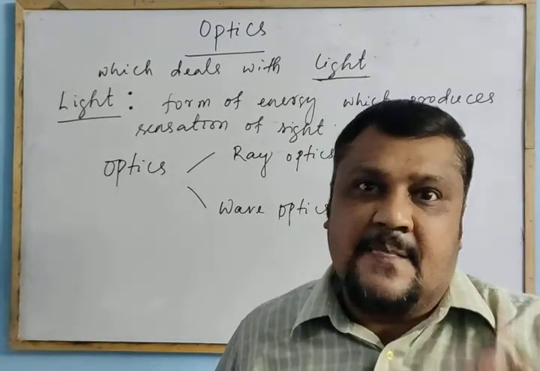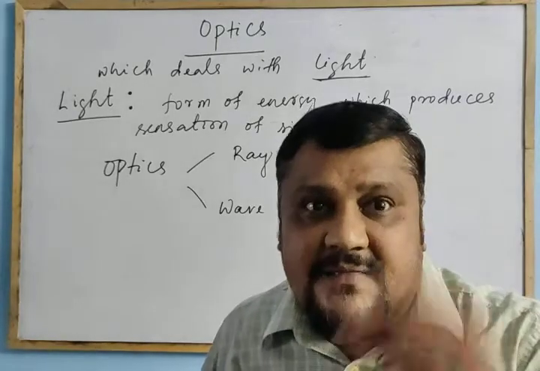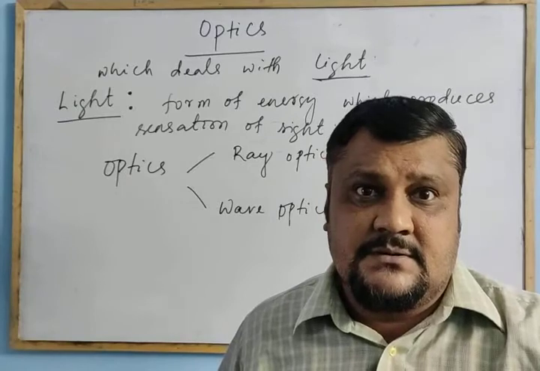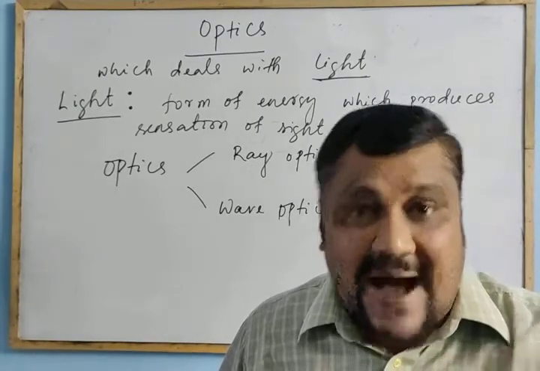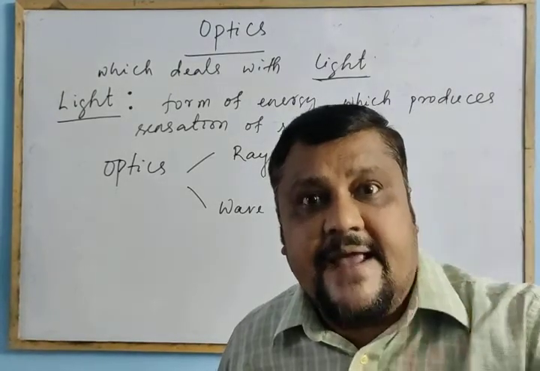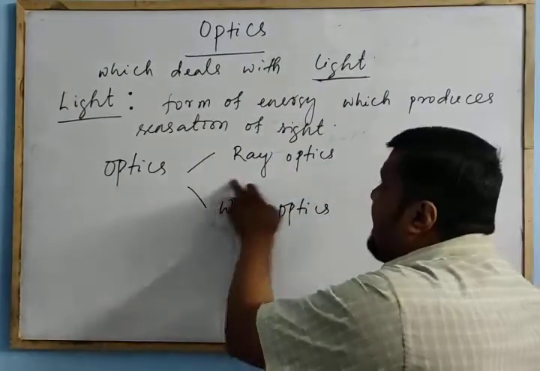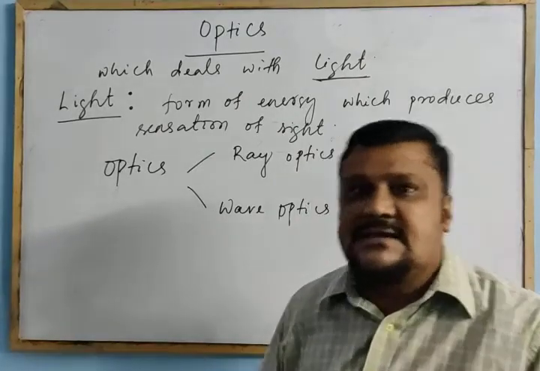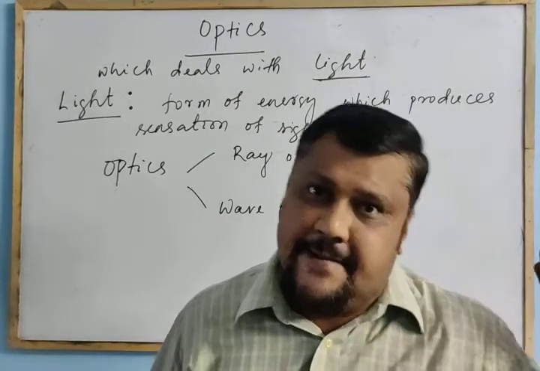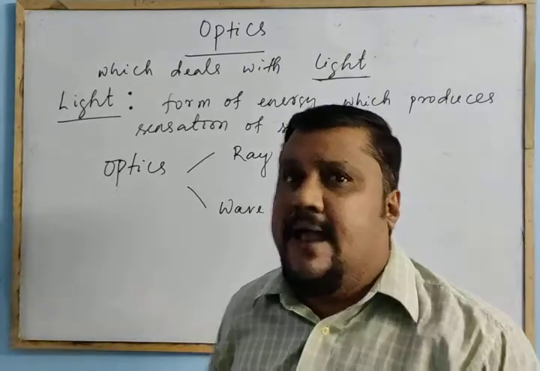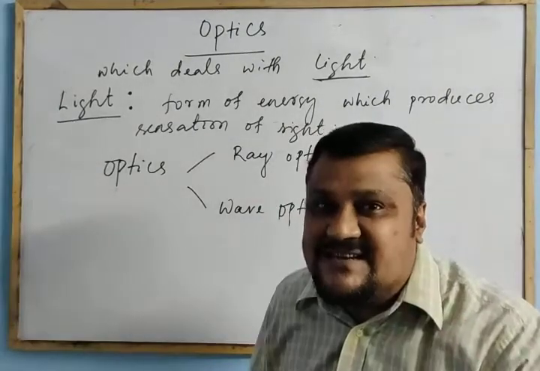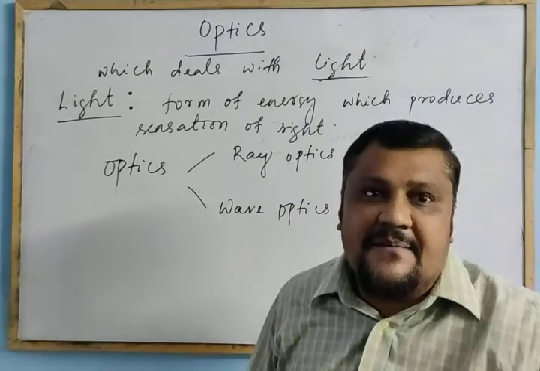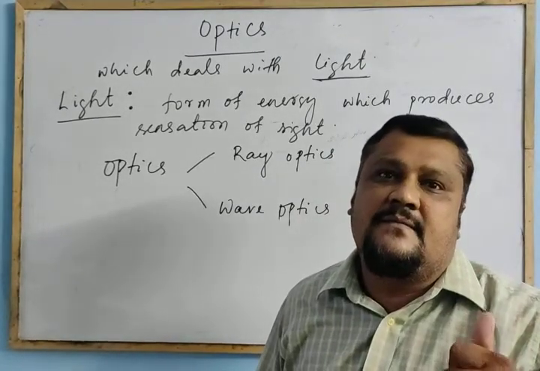If we consider light as a ray, then the different phenomena caused by light, we will deal with in ray optics. In wave optics we consider light as a wave, and we will discuss the different phenomena associated.